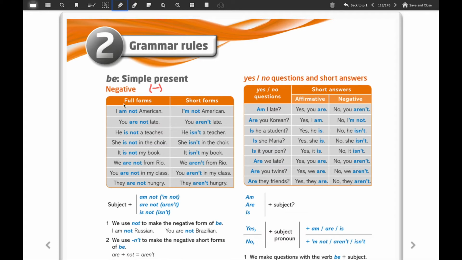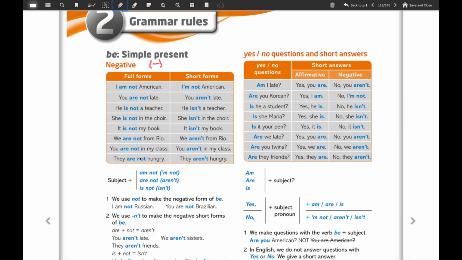Okay, as you can see here, you have the structure of how you can make a sentence in negative in be simple present, and you're going to use the subject, a plus, and you're going to use not: are not, aren't, is not, isn't.